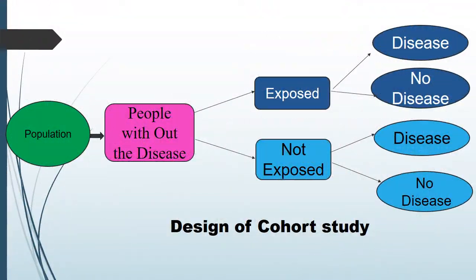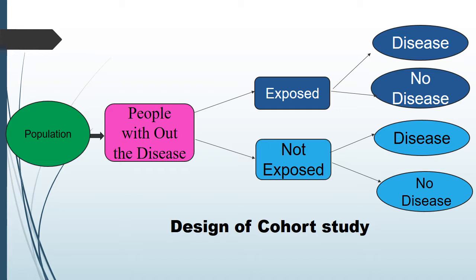So next we will see the design of cohort study. In cohort study we select the population. Among the population we select the people without any kind of disease, and among those people we do the follow-up to see whether they are exposed to any kind of causative agents or risk factors.